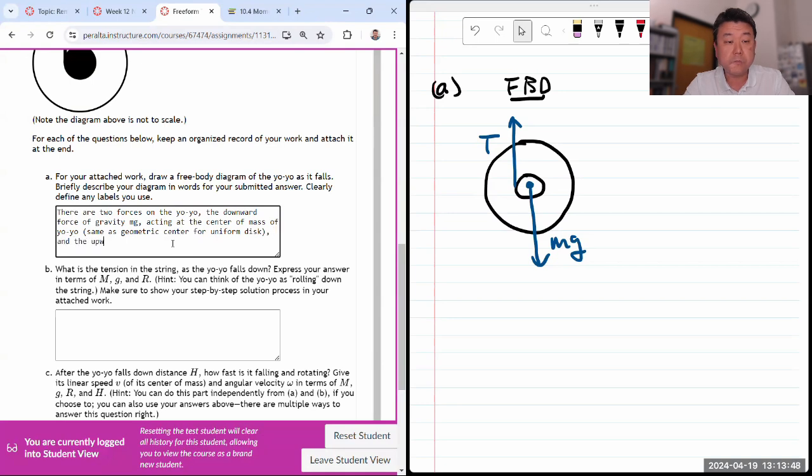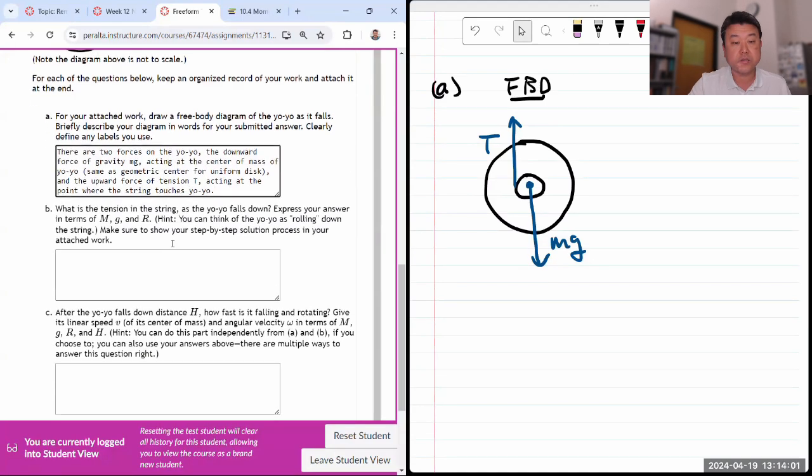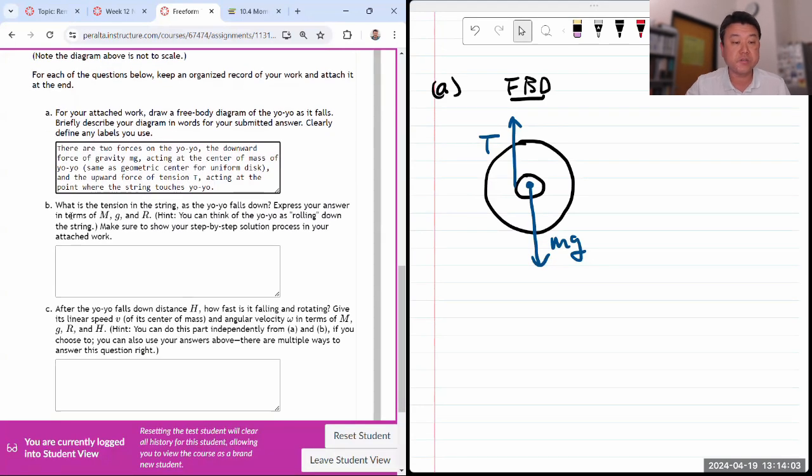And the upward force of tension T acting at the point where the string touches the yo-yo. Good. What is the tension in the string as the yo-yo falls down? Express your answer in terms of, okay.